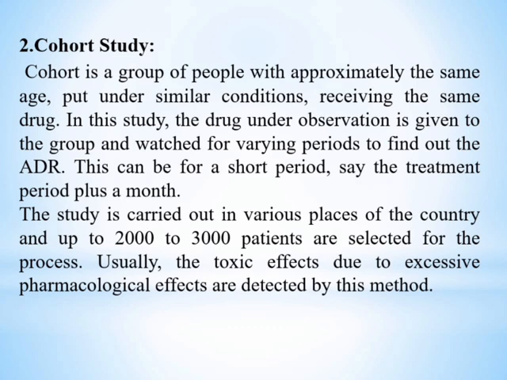This can be for a short period, say the treatment period plus a month. The study is carried out in various places of the country, and 2000 to 3000 patients are selected for the process. Usually, the toxic effects due to excessive pharmacological effect are detected by this method.